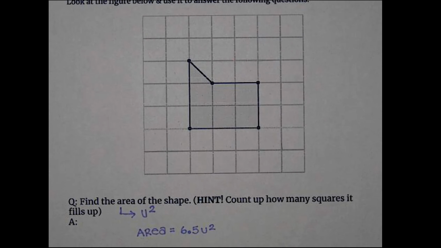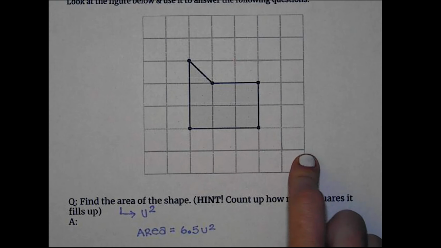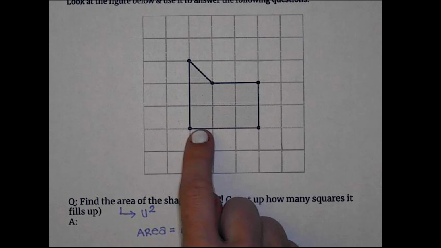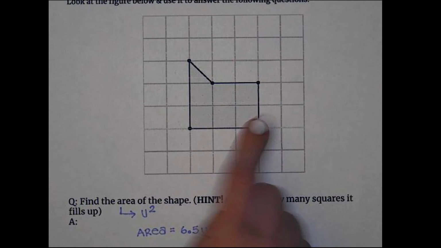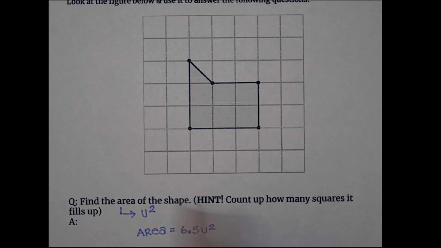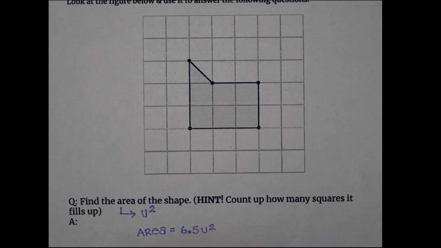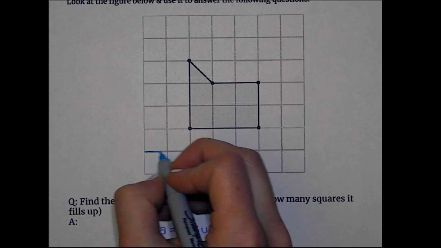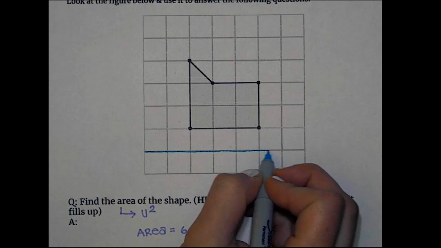What I am going to do is start counting side lengths and then drawing the corresponding side length. For instance, this side length is 3, right? 1, 2, 3 squares. So I'm going to make one that's 6 squares. 1, 2, we'll start here. 1, 2, 3, 4, 5, 6.